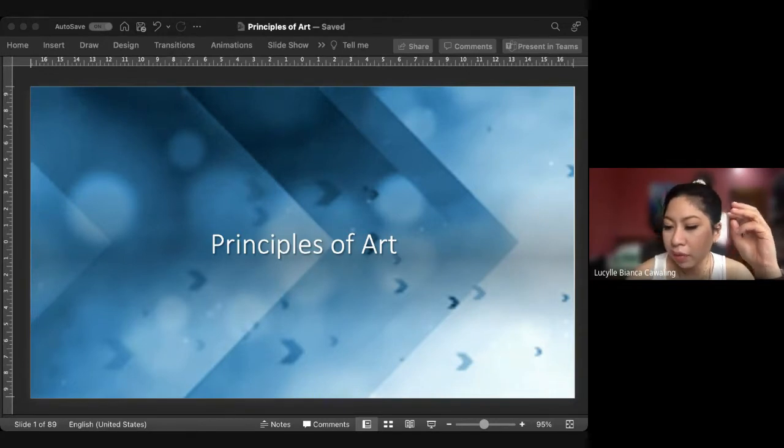So again, I'm going to repeat it. On 10 of March, you're going to do the balance plate. So basically, it's all the principles of art, but you're going to execute them one by one. 10 of March, balance. 17 of March, rhythm. 24 of March, harmony. 31 of March, emphasis and subordination.